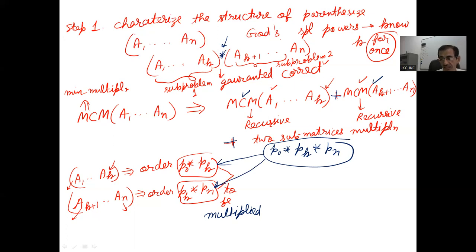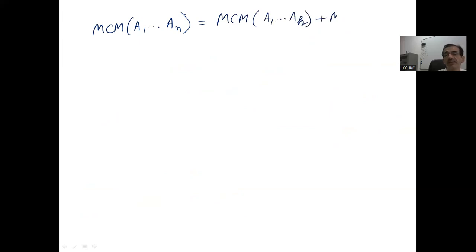So now I am able to characterize and effectively complete my first step: if I have to multiply A1 to An, it is equivalent to MCM to be done for A1 to AK, plus MCM, the minimum multiplication, for AK plus 1 to An, plus P0, PK, PN.